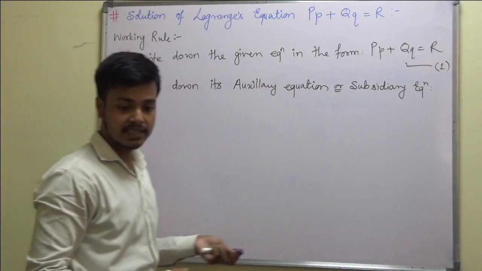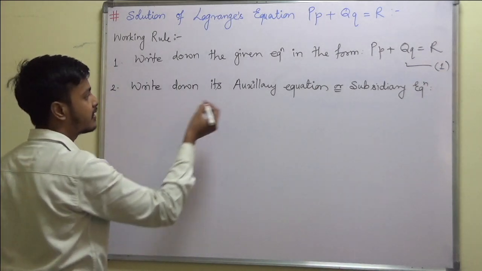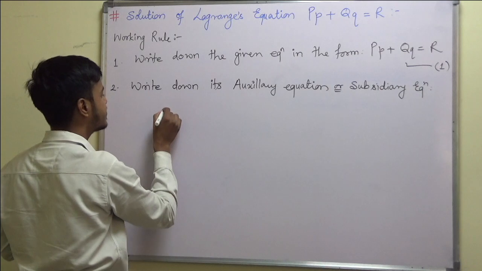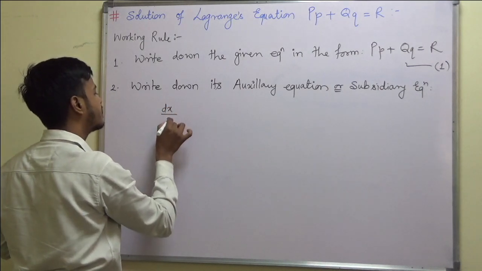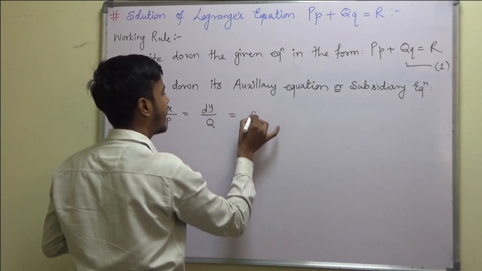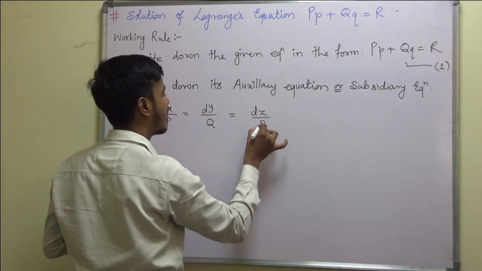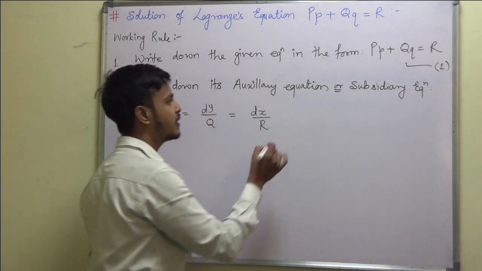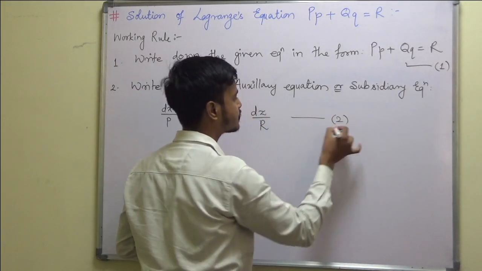So let us see what the subsidiary equation is. The auxiliary equation for this is dx by P equals dy by Q equals dz by R. So this is my equation number 2.